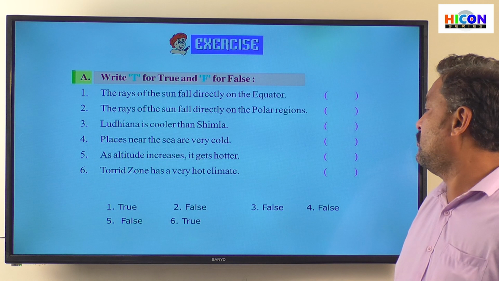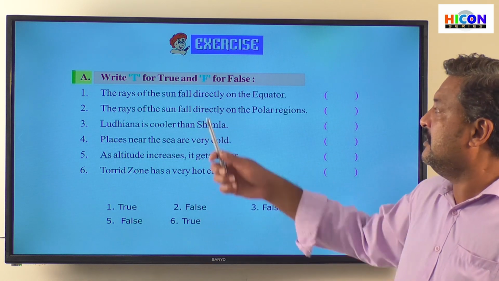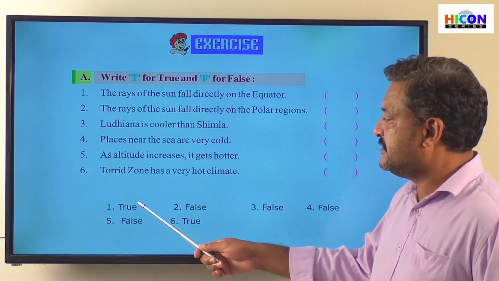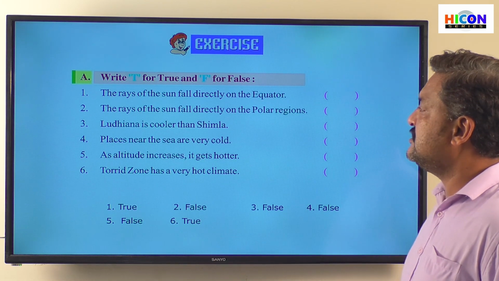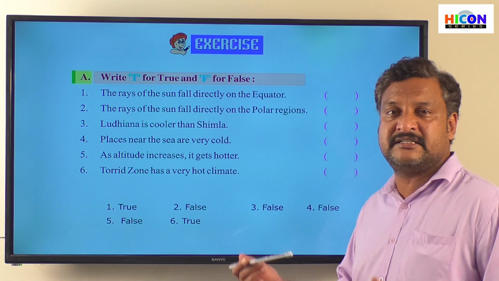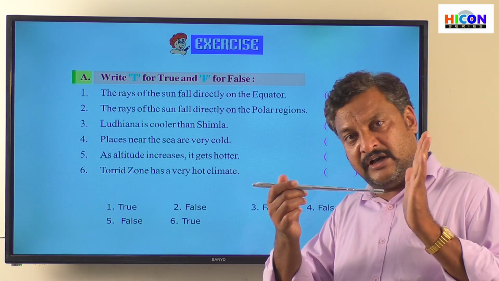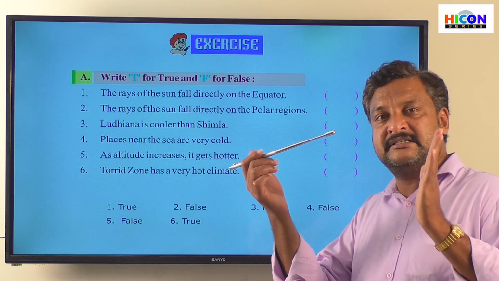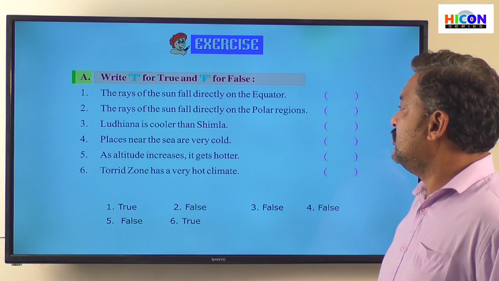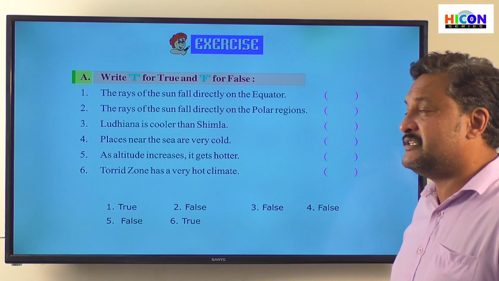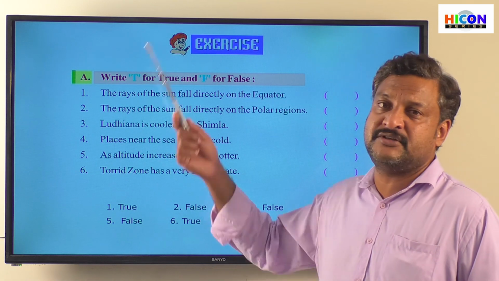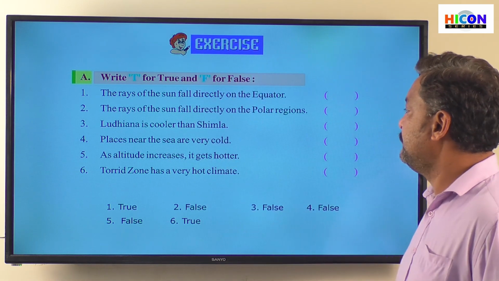Okay. So we will check the answers once again. See, the rays of the sun fall directly on the equator is a true statement. The rays of the sun fall directly on the polar region is a false statement, because there they fall not as a direct hit, but as a slanting one. Third one, Ludhiana is cooler than Shimla is false, because Ludhiana is of a lower altitude and Shimla is of a higher altitude.